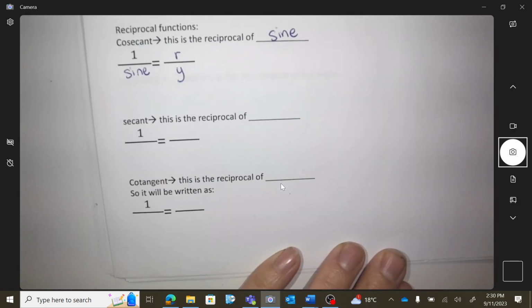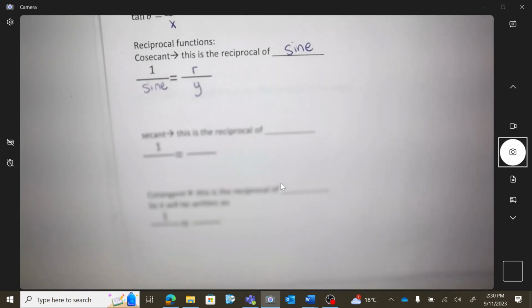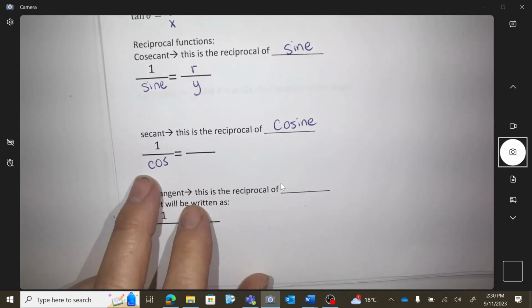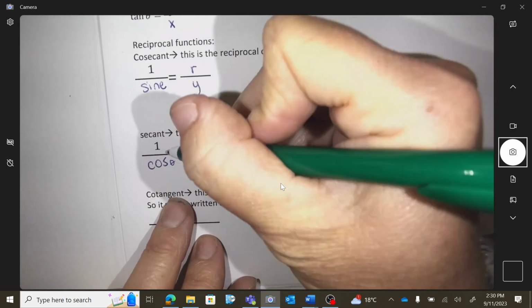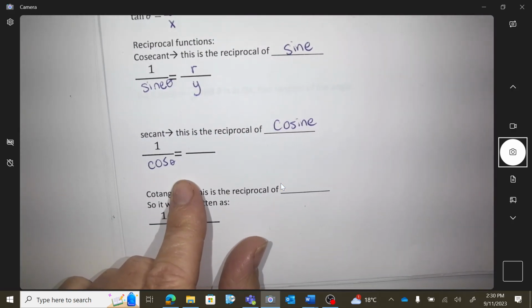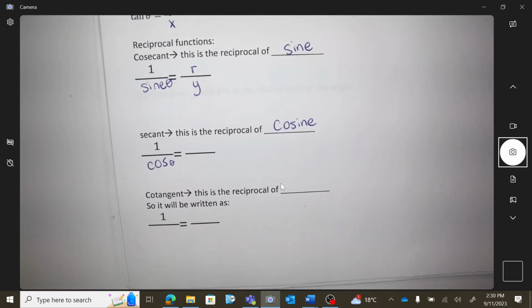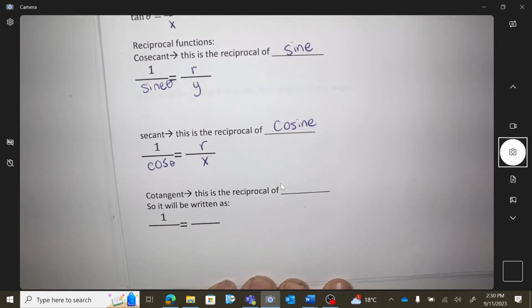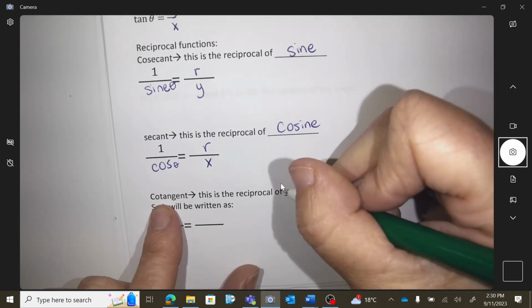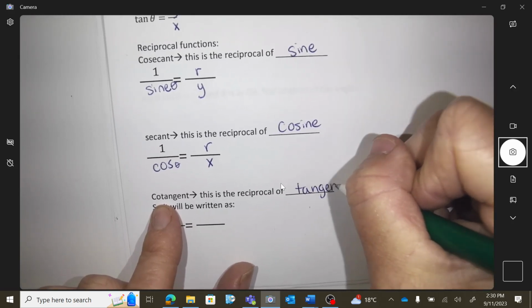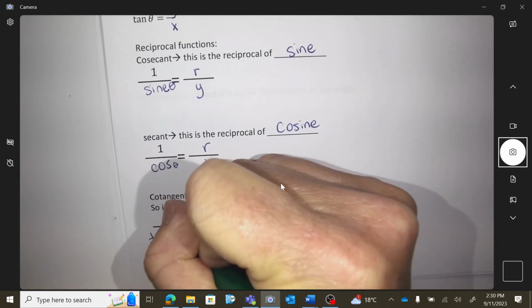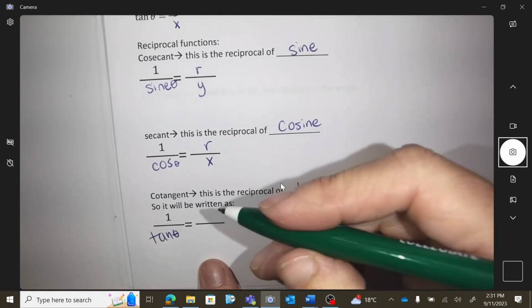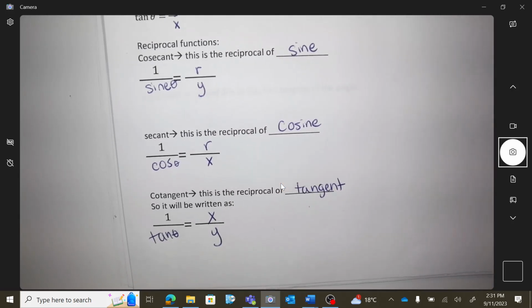Another one you're going to learn this year is called secant, and it's the reciprocal of cosine. So 1 over cos, so if I flip the cos ratio, it would be r over x. And the last one is called cotangent, so it's the reciprocal of the tangent function. So if we reciprocate tan, our new ratio would be x over y.